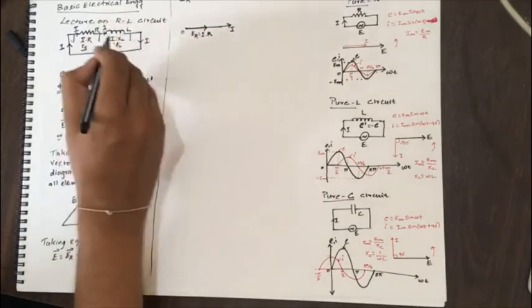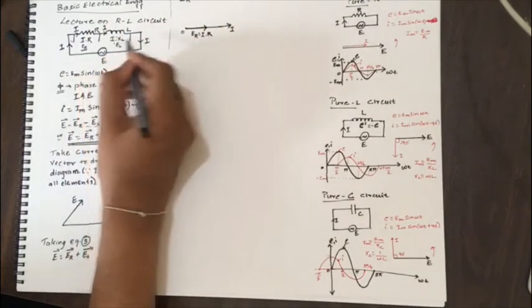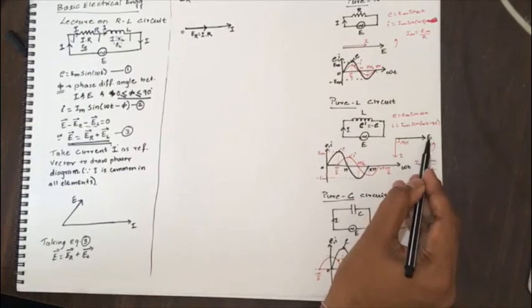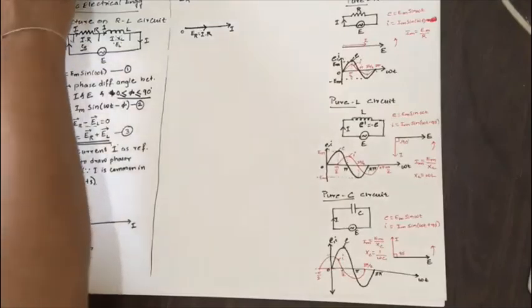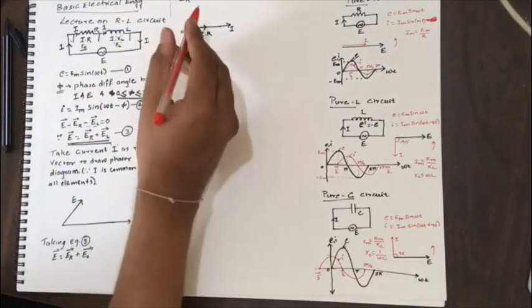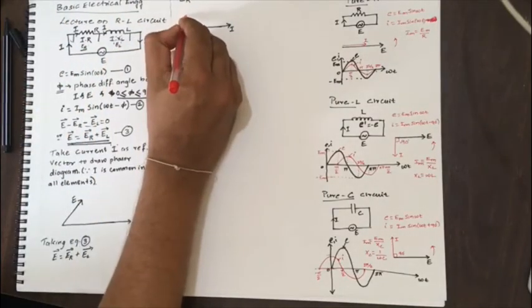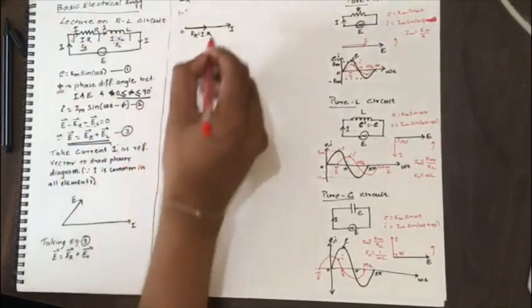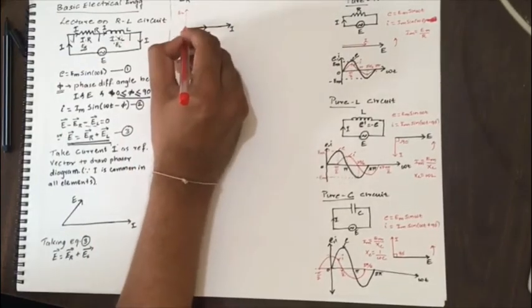Now I should be placing vector EL with respect to I. Therefore, when I observe this phasor diagram, EL is leading I by an angle 90 degrees. Therefore, I will take vector EL leading vector I by an angle 90 degrees.